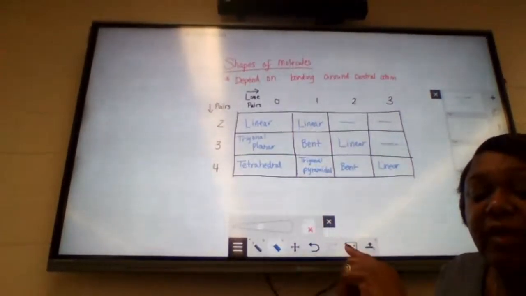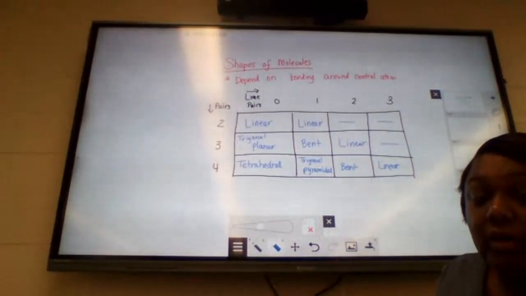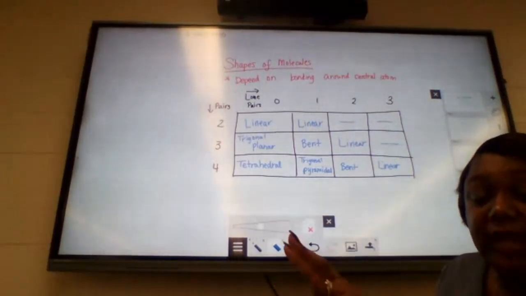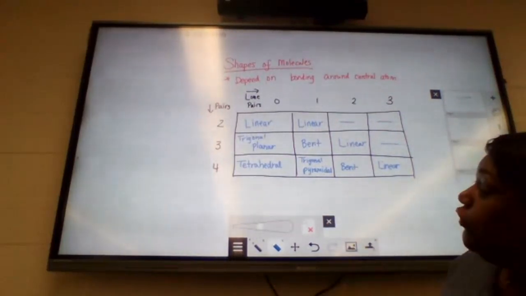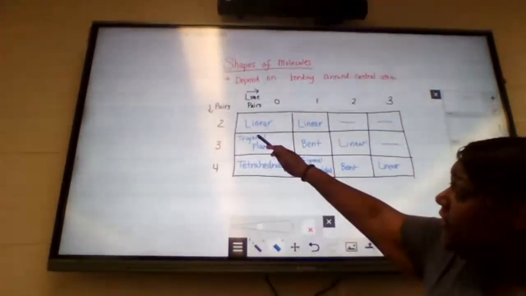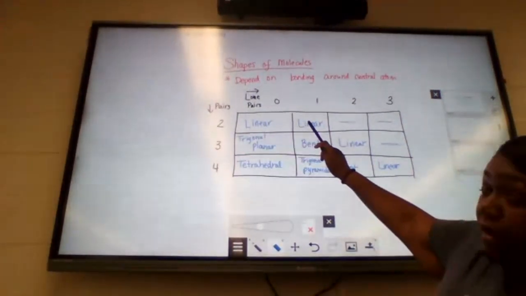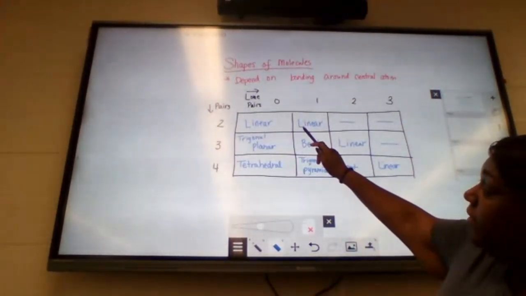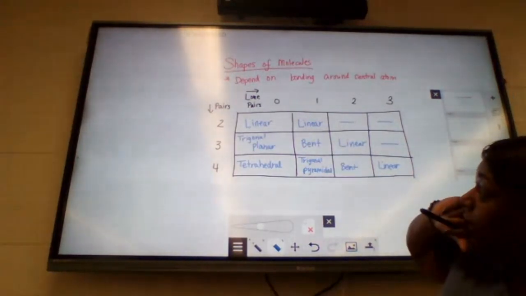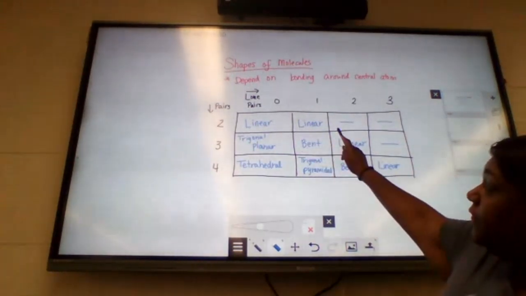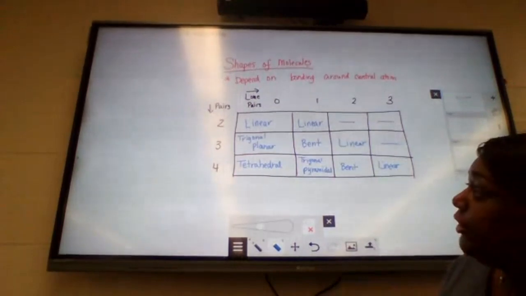When I say bond pairs, I'm talking about how many lines there are. And remember, there are 2 electrons in a pair. Okay, so again, if you've got 2 pairs of bonds around that central atom, none of them are lone pairs, then it's going to be linear. If one of them is lone pairs, it's going to be linear.